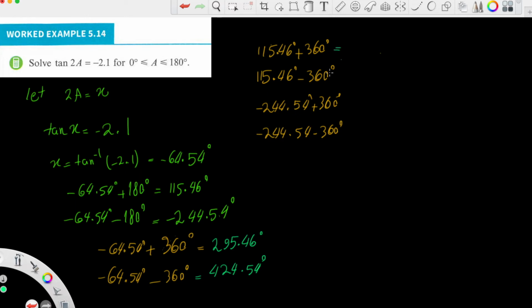Here 360 plus 115 will be 475.46. Here 360 is subtracted, it will be negative 244.54.